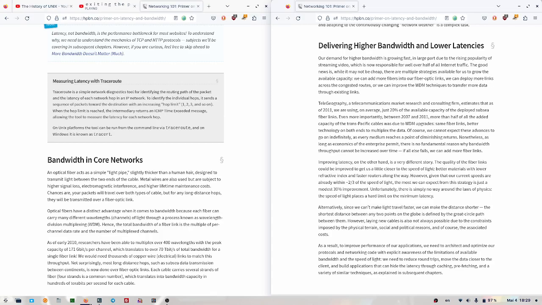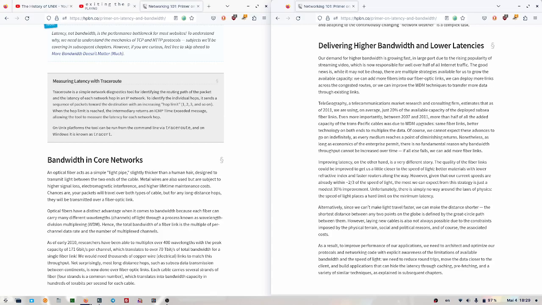Alternatively, since we can't make light travel faster, we can make the distance shorter. The shortest distance between any two points on the globe is defined by the Great Circle path between them. However, laying new cables is also not always possible due to the constraints imposed by the physical terrain, social and political reasons, and of course, the associated costs.